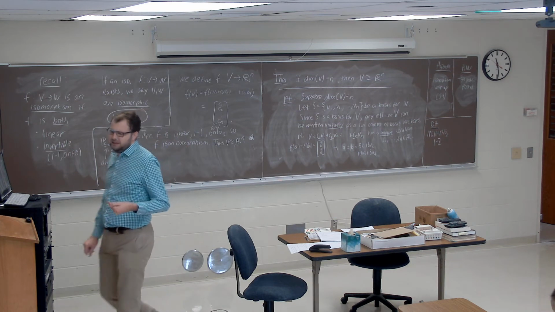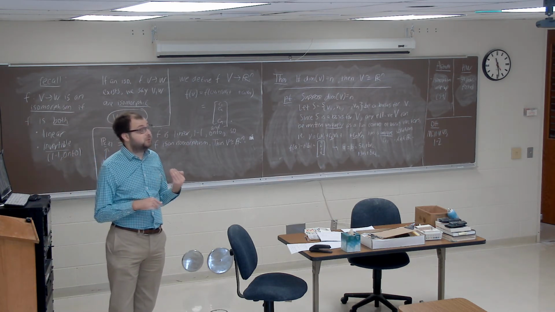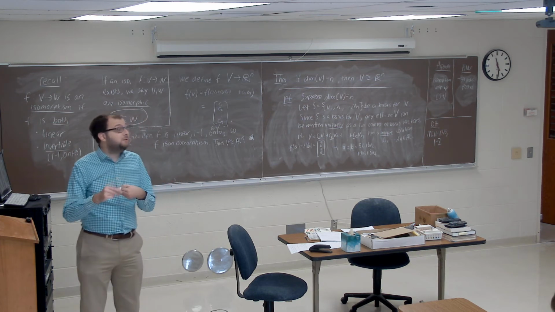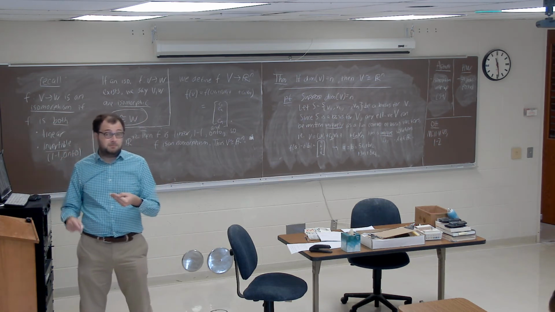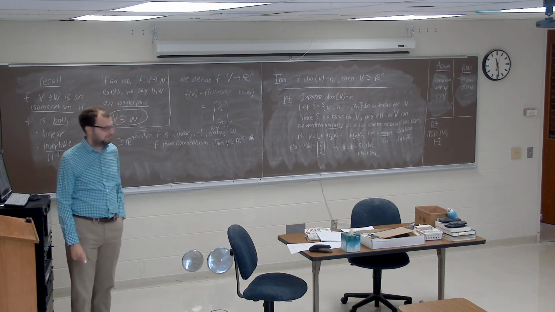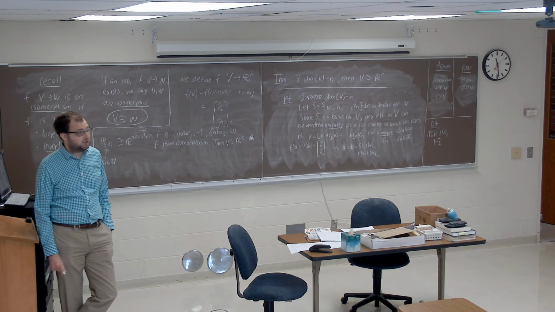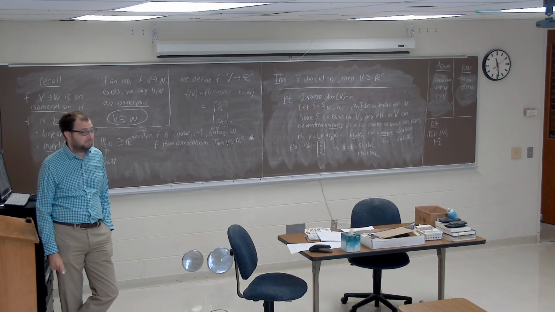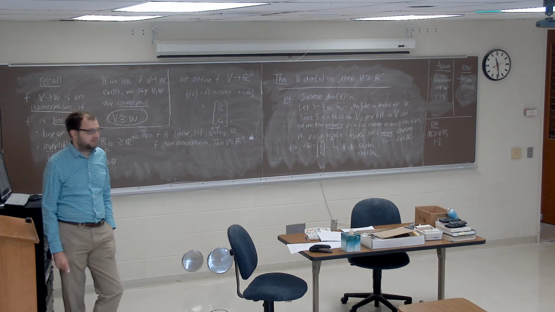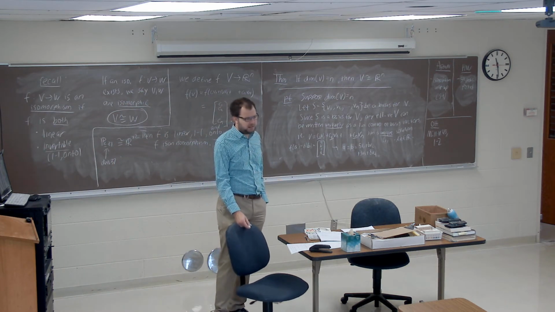The one that's going to be a little bit more challenging to prove, that's going to take us a little bit more work, is we also want to show that F is a one-to-one function as well. So how do we show something's one-to-one? Or maybe, what does it mean to say that a function is one-to-one? We've looked at several examples of this, but now we're going to need to use it as part of our proof.